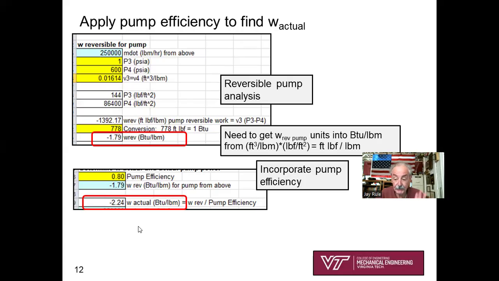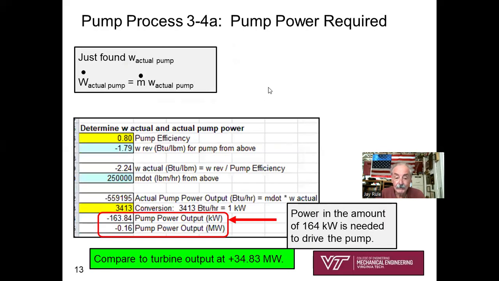Actual work, W dot over m dot. Okay, so we've got little w. Let's find W dot actual needed for the pump. All right, here it is, negative 2.24 BTUs per pound. m dot is given, 250,000. We multiply these two numbers together to get this huge number of BTUs per hour. But remember, I'm going to need to go to kilowatts or megawatts.